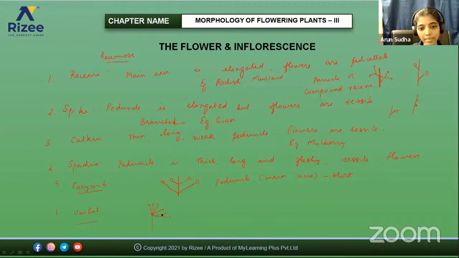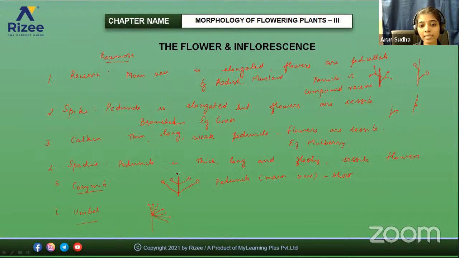So the pedicel will be almost of the same size. In the case of umbel, this is the flower stalk, more or less equal, but they arise from the common point. And this also may exist in the form of compound or branched. So these are the different types of arrangement of the flowers in racemose inflorescence.